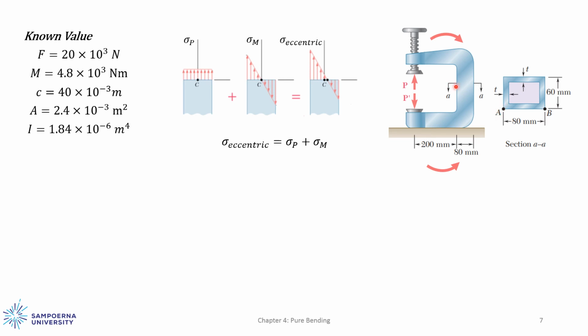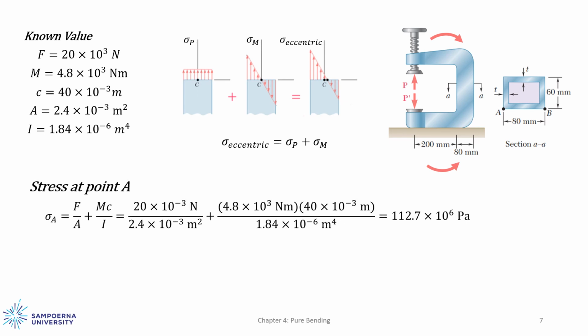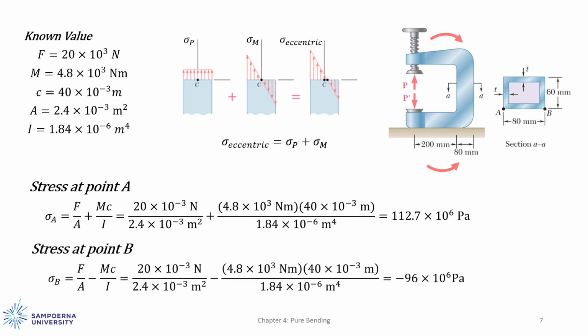Therefore, the bending stress is positive, while point B is in compression. Therefore, the bending stress is negative. The normal stress stays positive because it is in tension. Then substitute the known values into the formula and we get the final answer.